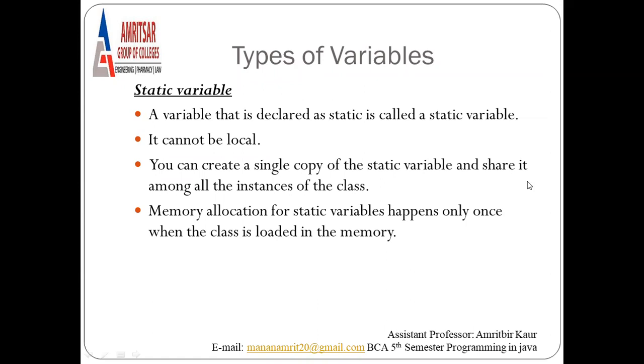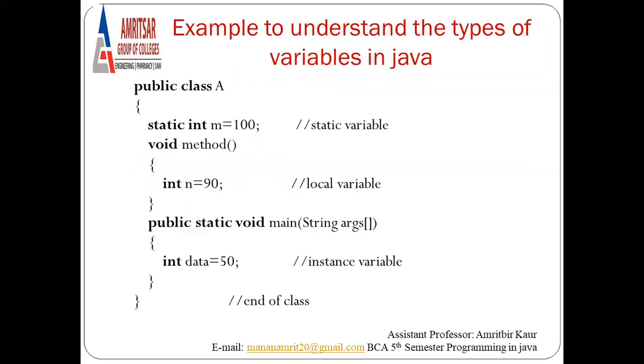Although we create 10, 100 or 200 objects, the static variable will be allocated memory only once. So with instance variables, if we create 10 objects, then 10 instance variables will be created. If we create 100 objects, then 100 instance variables will be created. But with static, memory is allocated only once and used by all the objects.